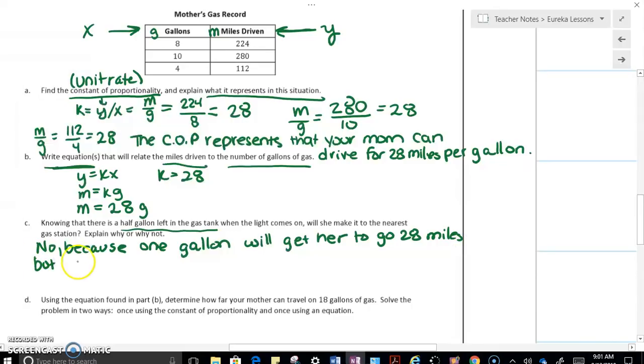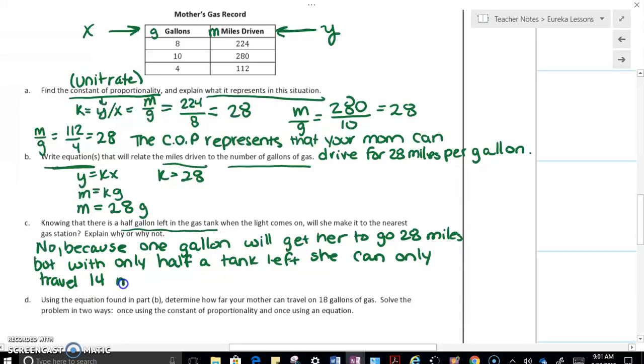But with only half a tank left, she can only travel 14 miles when she needs to travel 26.